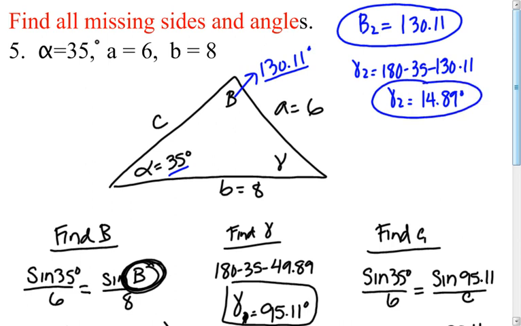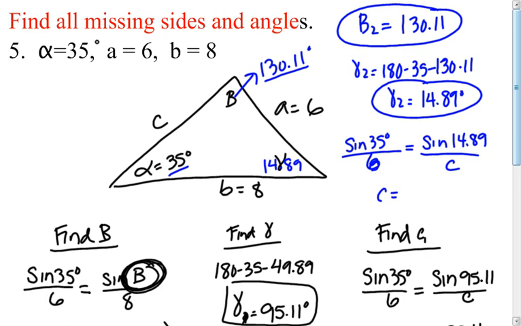Okay, and then you'll find side C again by doing sine of 35 over A, over 6, sorry, equals sine of gamma, this gamma now. So now this gamma is 14.89 this time. So 14.89 over side C. And when you calculate that, you can cross multiply and figure that out.